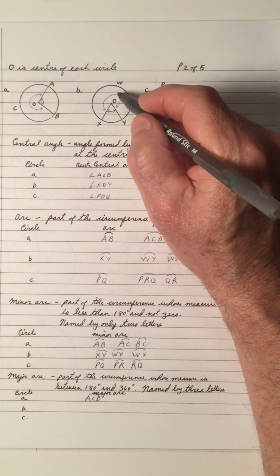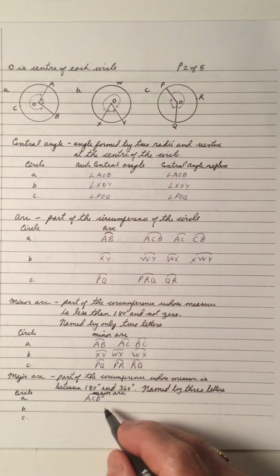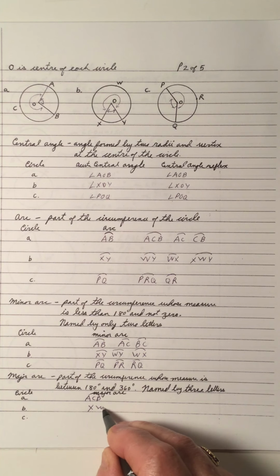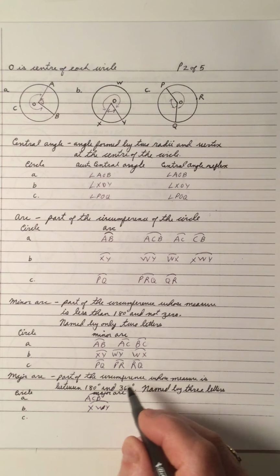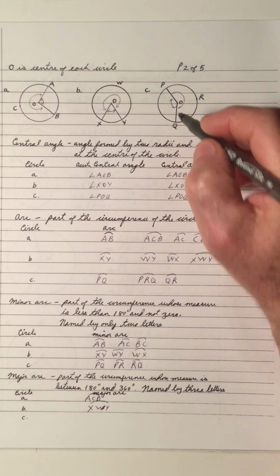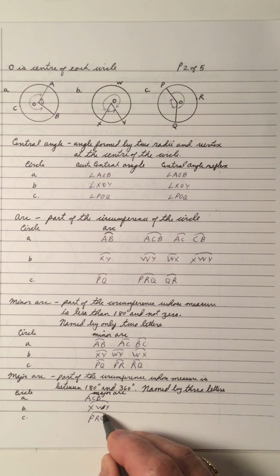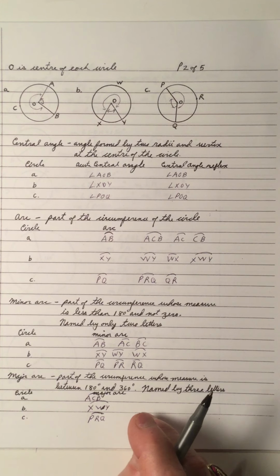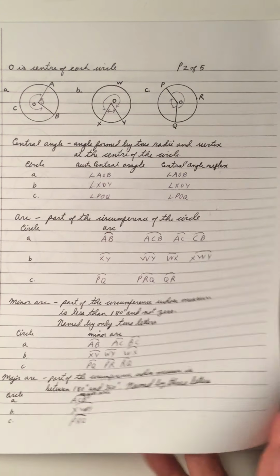In circle B, the major arc would be XWY, major arc XWY. And in circle C, a major arc could be PRQ. I'm only naming a few of them, but not all. I'm naming them with three letters. A major arc is named with three letters. It's an arc that has a measure of more than 180 and less than 360.